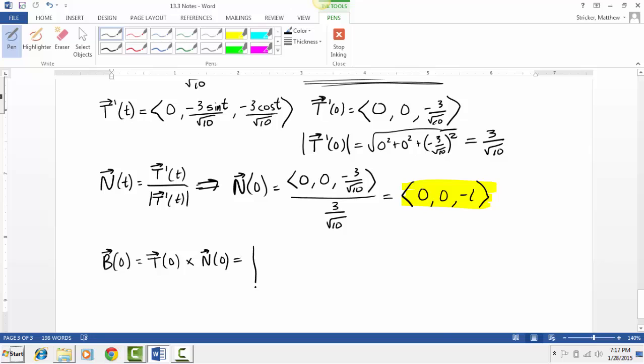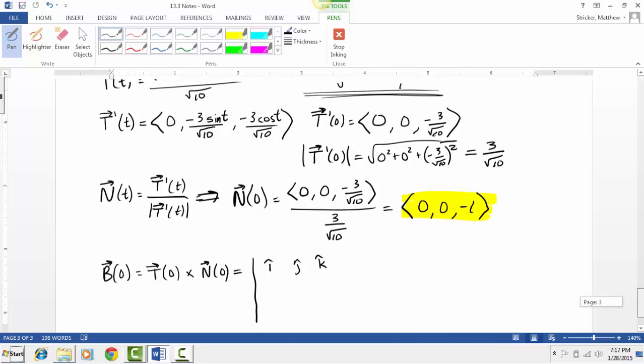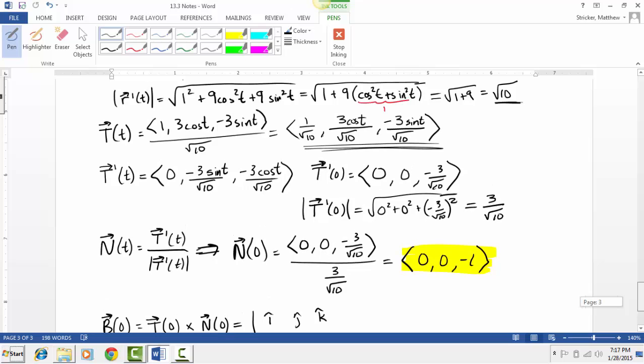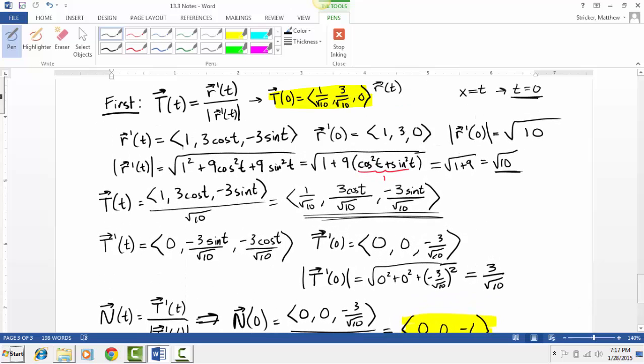And going back to what we did earlier in the semester, we take this determinant to find the cross product. We already found T of 0. If you scroll up a little bit, T of 0 is right here. No, I guess we did need that. I said it was for free, but we did need it. It's 1 over root 10, 3 over root 10, and 0.